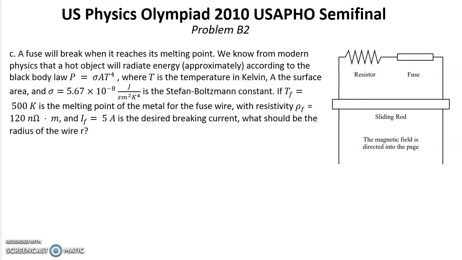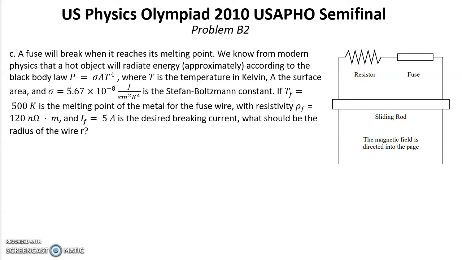Part C. A fuse will break when it reaches its melting point. We know from modern physics that a hot object will radiate energy approximately according to the blackbody law, at power equal to sigma A T to the power 4, where T is the temperature in Kelvin, A is the surface area, and sigma is the Stefan-Boltzmann constant.